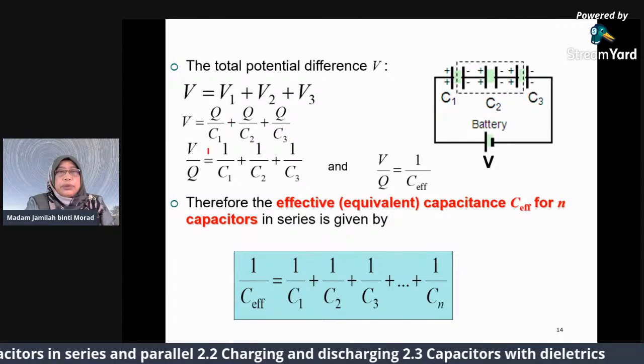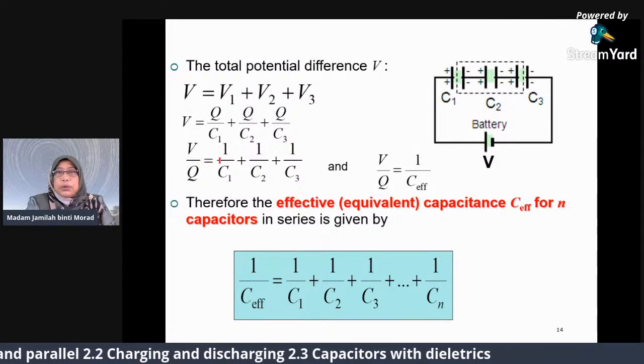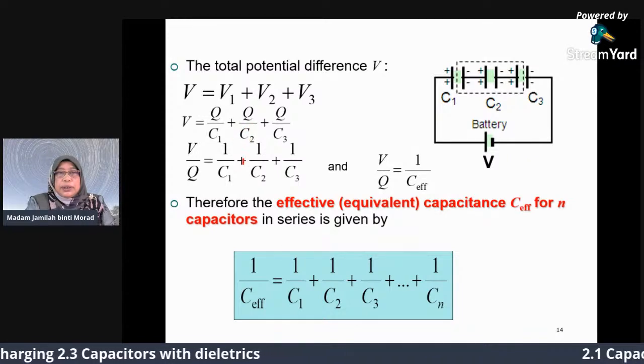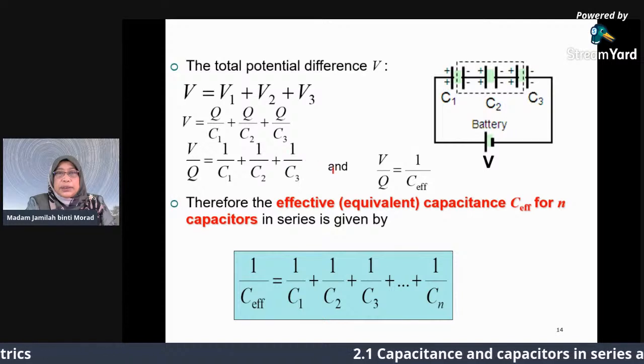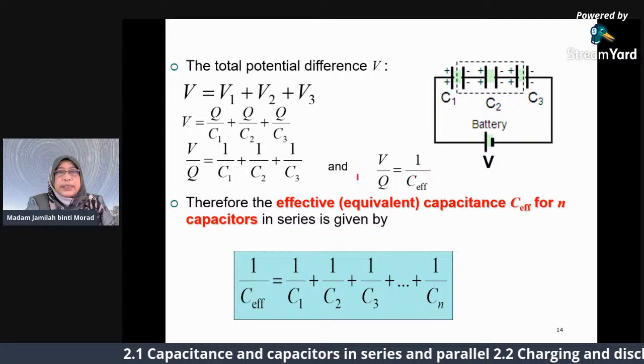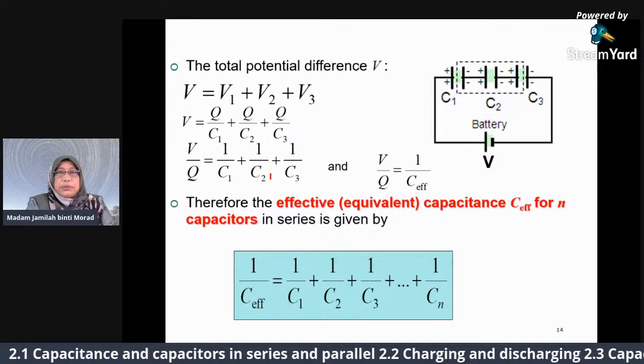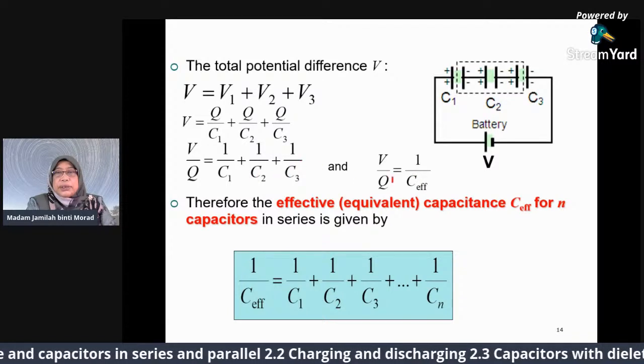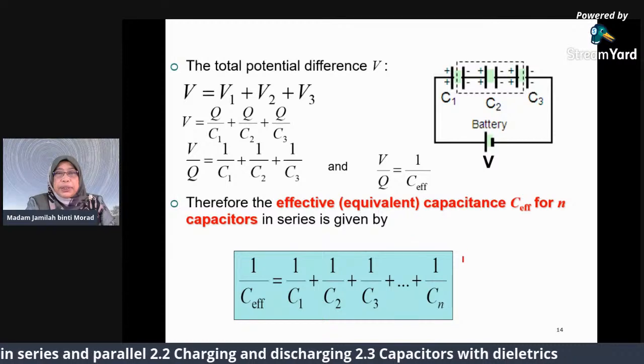Q is the same, so V over Q equals 1 over C1. We rearrange this equation, plus 1 over C2 plus 1 over C3. So you get V over Q equal to 1 over C effective. 1 over C1 plus 1 over C2 plus 1 over C3 is 1 over C effective.